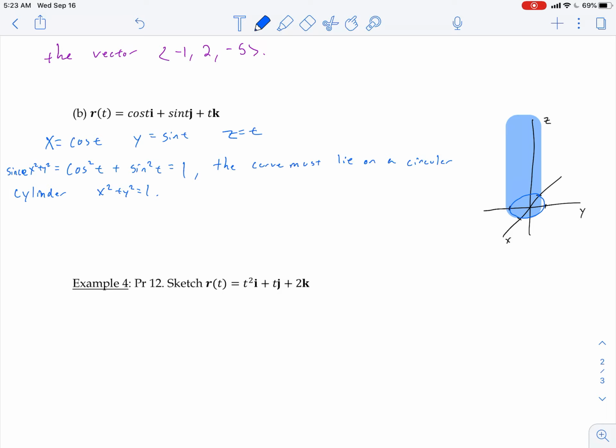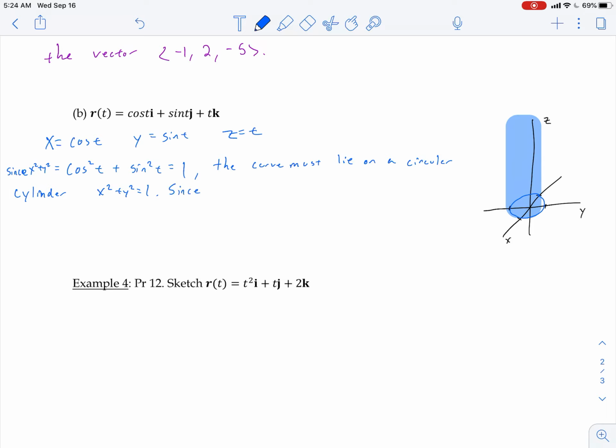Now that I have a surface, my curve is going to go along that surface. And what's going to help me with that is my z component.